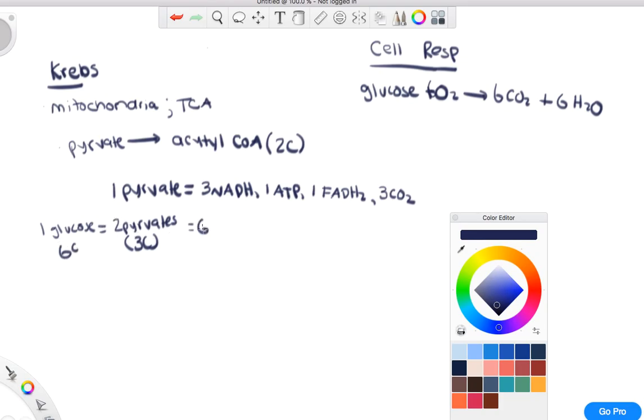You're going to get 6 NADH, 2 ATP, 2 FADH2, and 6 CO2. So watch, this 6 CO2 right here corresponds to that part of the formula. So you really want to know that 1 glucose will produce, let me do the math for you right here.